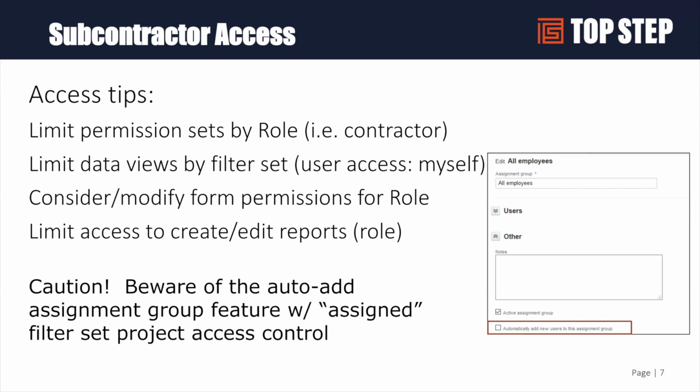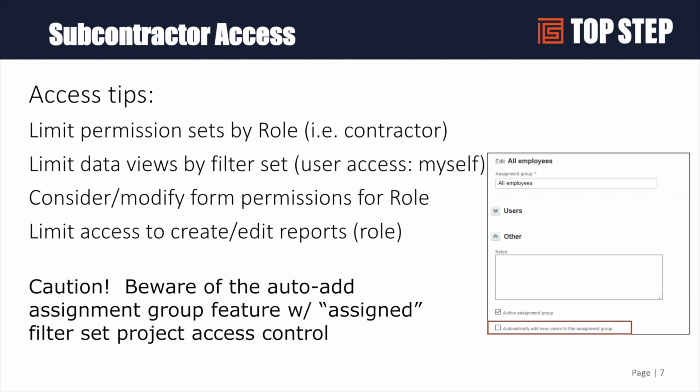Everyone's worried about limiting access for contractors. Generally, we see that role is a very limited role. They may only be able to log in and enter time and expenses, and they only see the time and expense module, say. We have some contractors that are hired as project managers, so they have more permissions, but not quite as many as our full-time project managers.